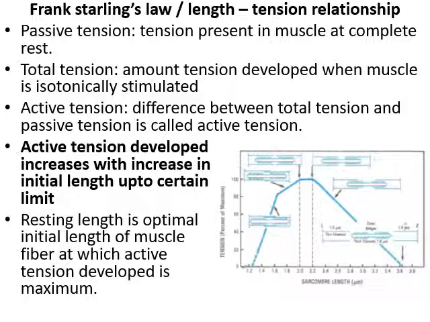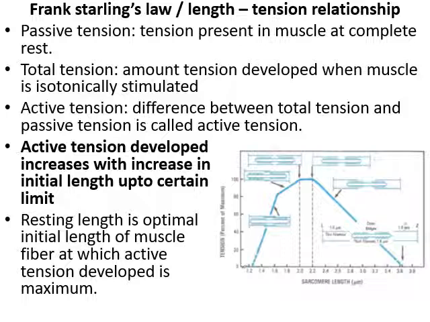Now, the experiment was done by drawing a graph between the length of the sarcomere on the x-axis and tension developed in the sarcomere on the y-axis, and a relationship was found, a graph like this.